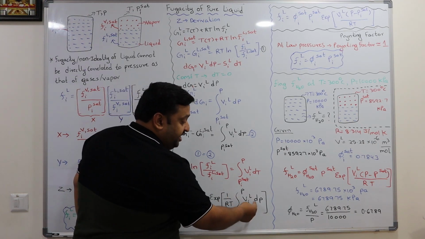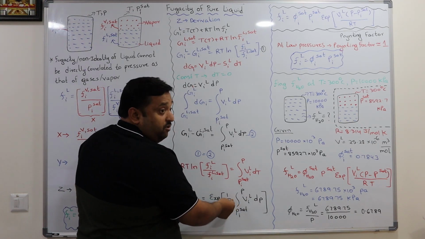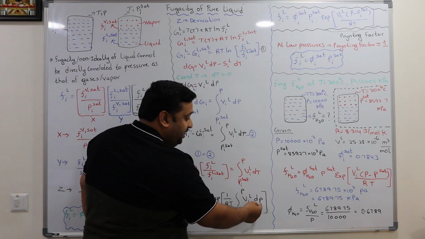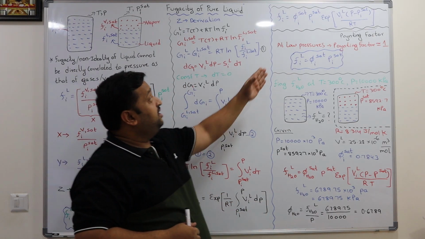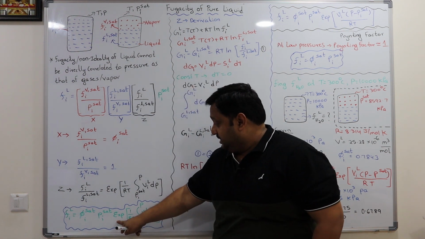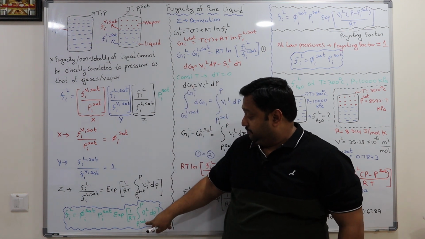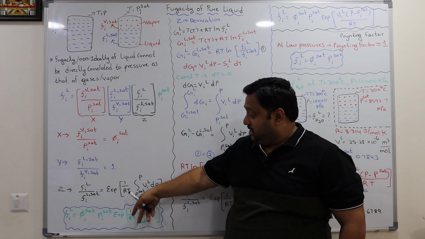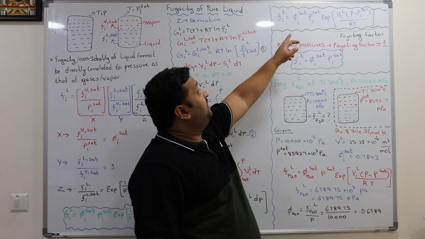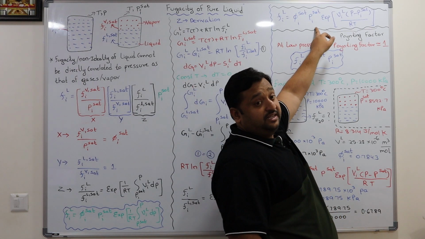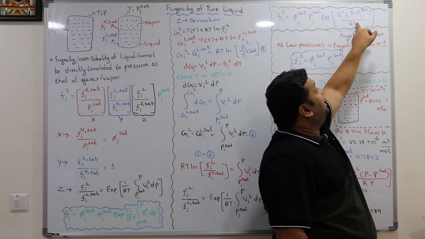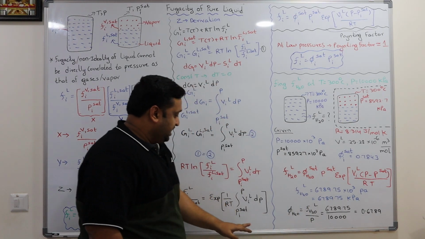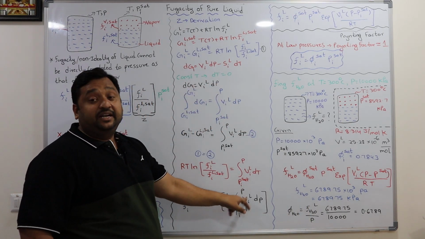Only at very high pressures does the volume of the liquid depend on pressure, because a liquid is generally incompressible. If volume does not change with pressure, volume will come out of the integral, and then you evaluate the integral of dP. So in this expression you replace the exponent of 1 by RT integral, and you get phi_i sat, P_i sat, exponent of V_iL (P minus P_i sat) by RT. That means I have simply evaluated the integral.